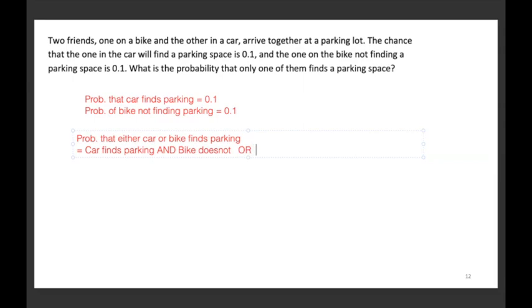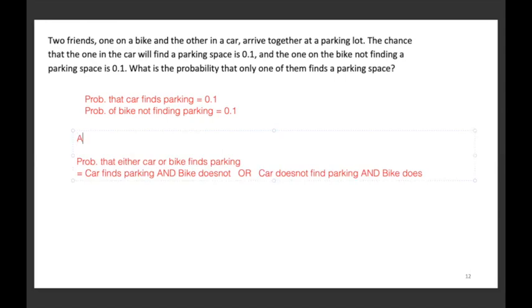Another scenario is where the car does not find parking and the bike does. There are two possibilities. Also, please note that in probability, what do 'and' and 'or' refer to? And refers to multiplication and or refers to addition.